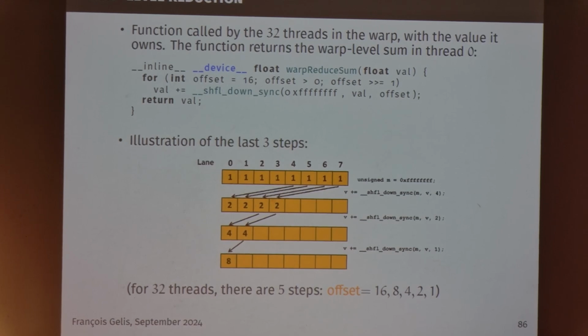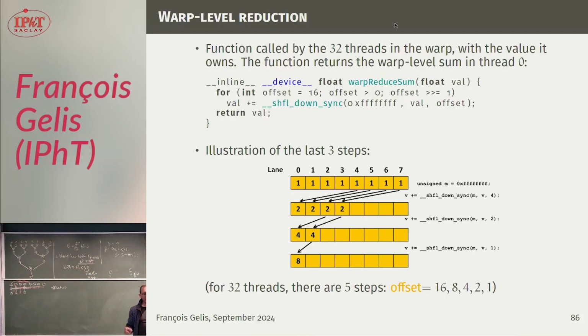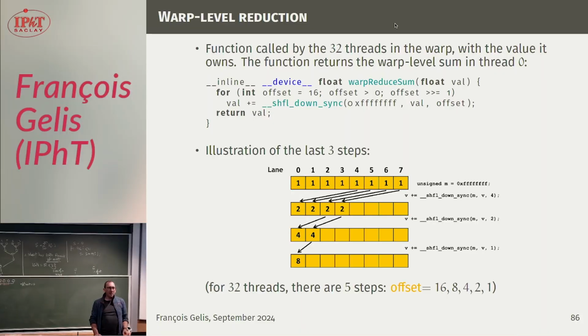And I don't really know whether this function is hard-coded in the hardware, or whether it's doing that in software. To some extent, you don't have to worry about that. It's transparent to you.